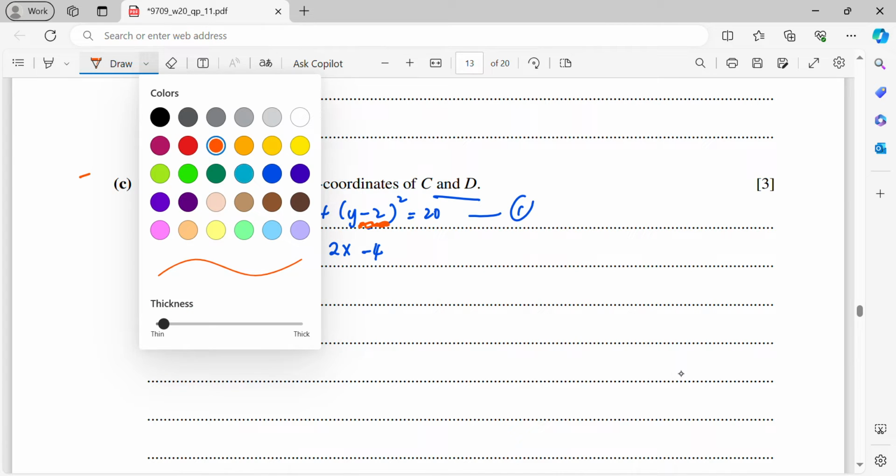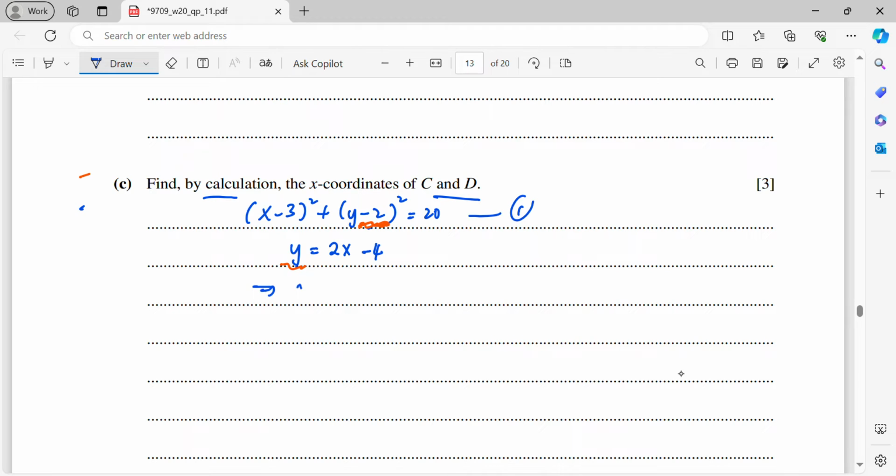So from here, y minus 2 means I minus 2 from the whole equation: 2x minus 4, then minus 2. This becomes 2x minus 6. So I will replace y minus 2 by 2x minus 6. This is my second equation. Or otherwise, you can just substitute directly. No problem. So now I substitute second into first.